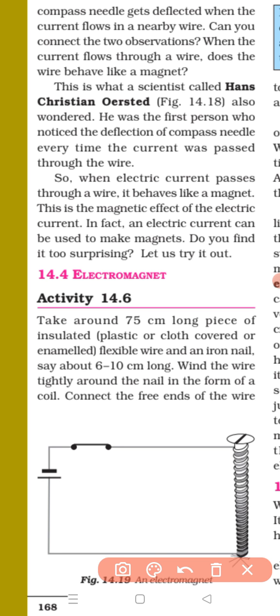In fact, an electric current can be used to make magnets. Do you find it too surprising? Let us try it out. Clear? So this is all about the magnetic effect of electric current.